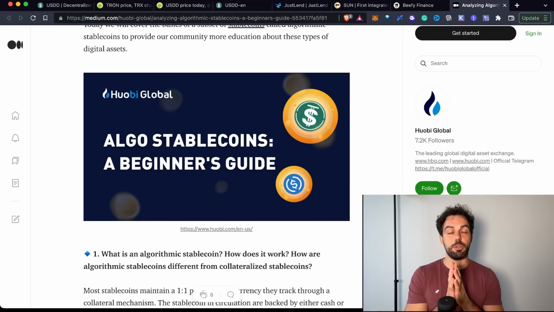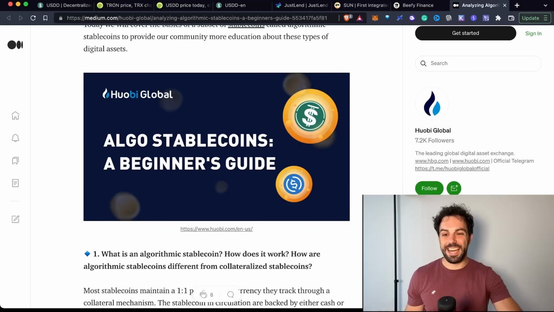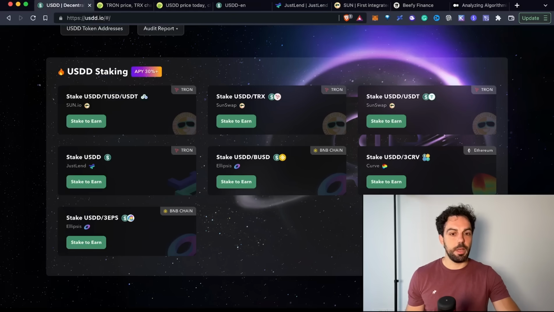In this case, we're talking about USDD, even if it is an algorithmic stablecoin. The main reason is that this kind of APY is attracting many people, and as long as people are attracted by it, there will always be some centralized exchange that offers the opportunity to trade this stablecoin.